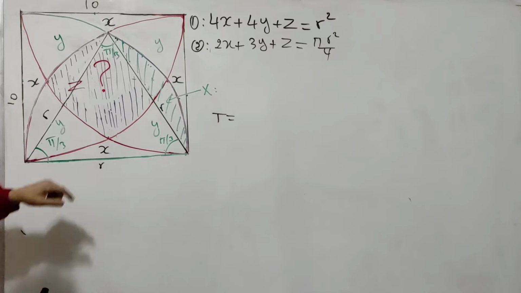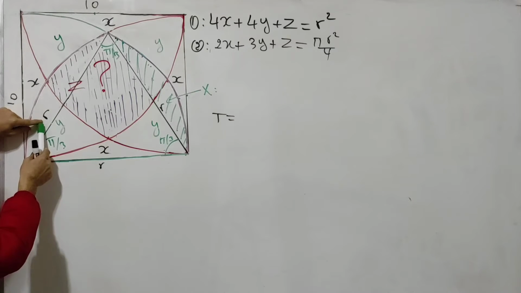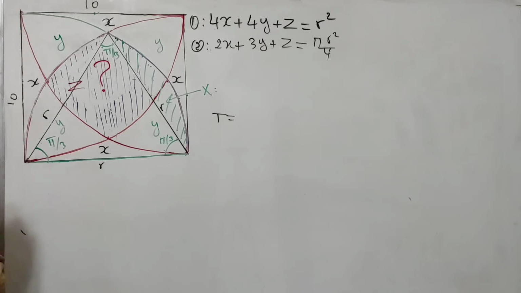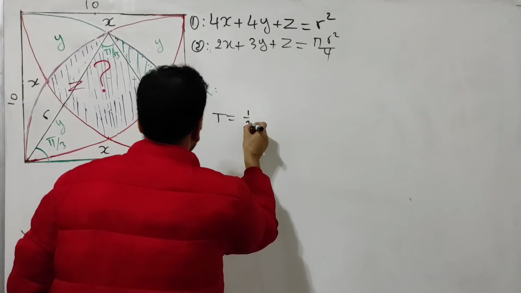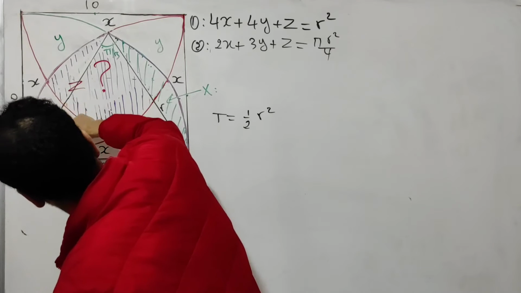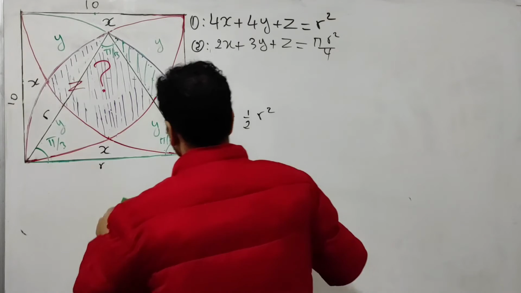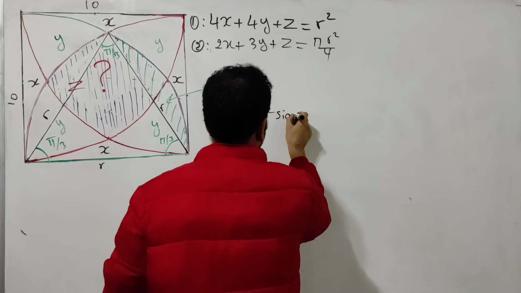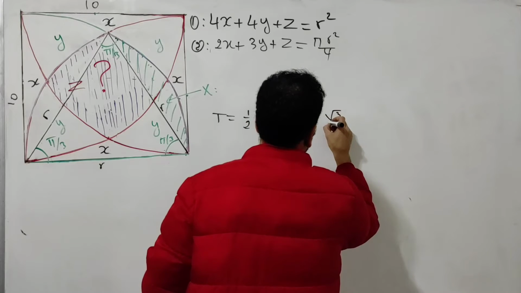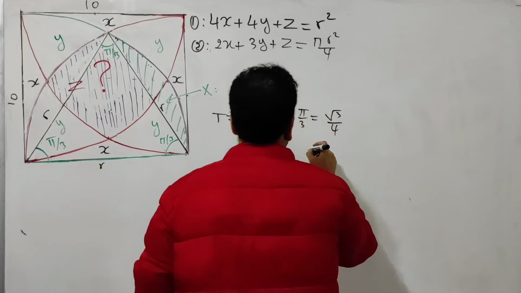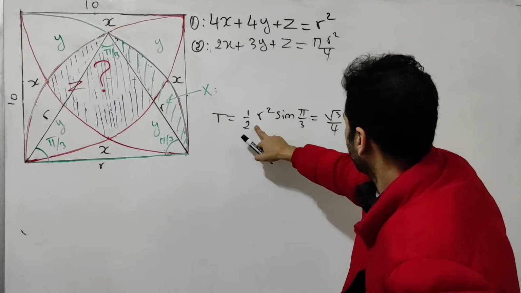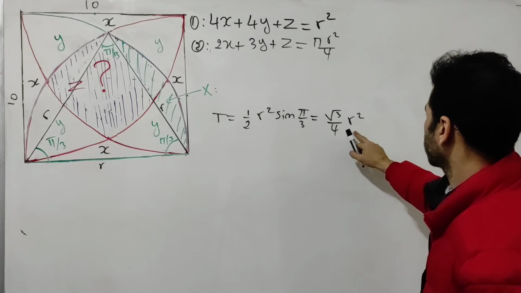The area of this equilateral triangle is side length squared multiplied by sine of pi over 3, divided by 2, which is 1 over 2 multiplied by r square, I'm talking about this side length and this one, multiplied by sine pi over 3. Sine pi over 3 equals square root of 3 over 2, multiplied by half, which is square root of 3 over 4 r square.